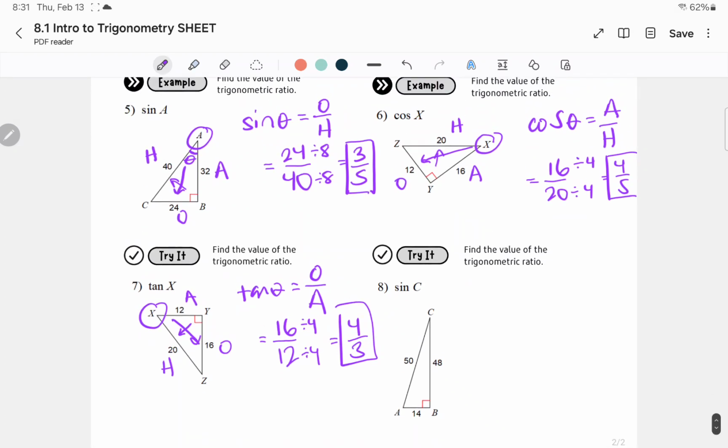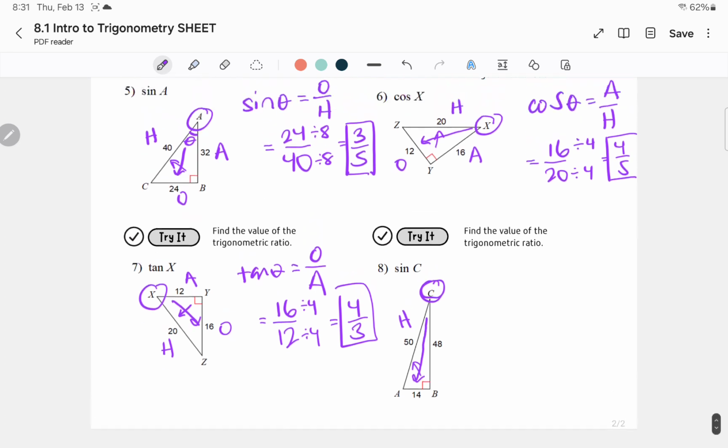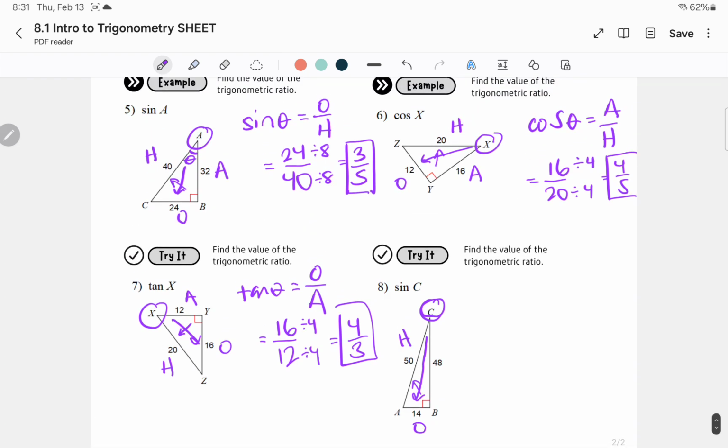And last one, sine of C. So again, I'll break it down just one more time, how to label H, O, and A if we're still confused. So H, always start with the box, go across from it, put in H. Then what you just circled, this one was C in our problem. So across from C, not next to it, across from it is going to be the O, right?